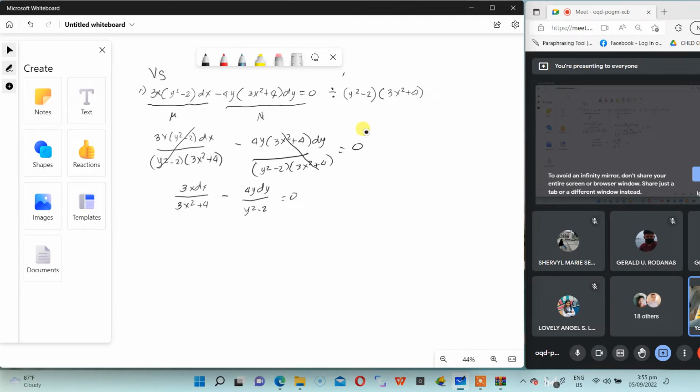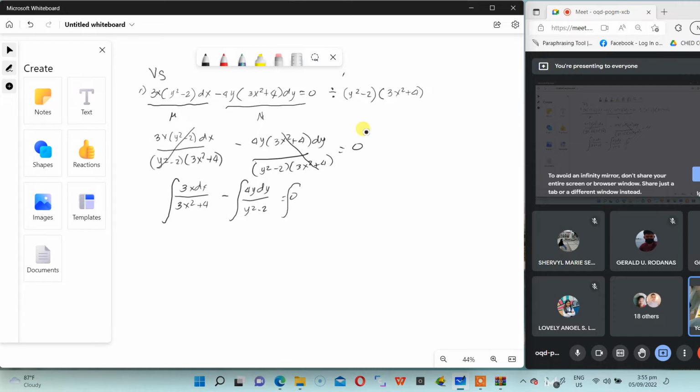Now, since they are already separated, we could apply the integral. In an integral, you could only integrate if there are no other variables within it except for the given differential. So now we could integrate.